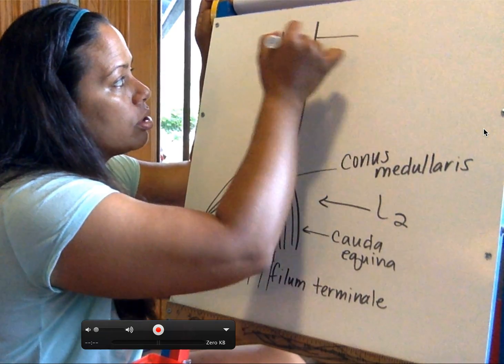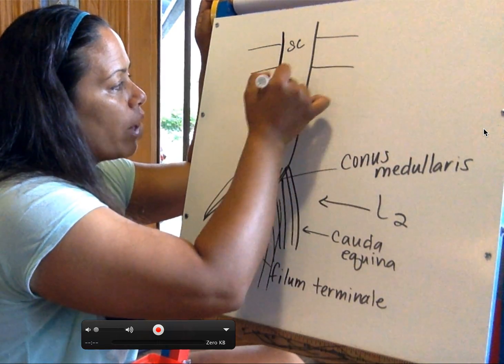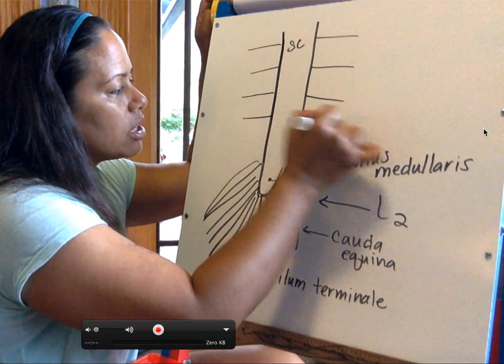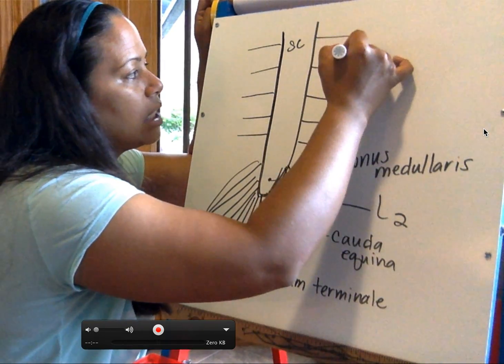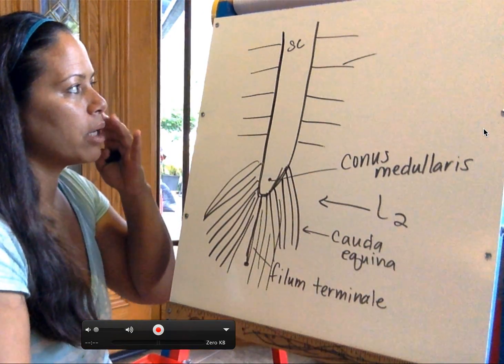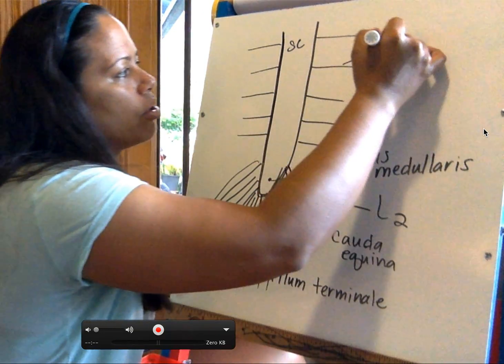Well, in order to hold the spinal cord in place from right to left, I need extensions as well, right? Almost like tying down a tent on a windy day. So these extensions, how I remember it is dental floss. So denticulate ligaments.